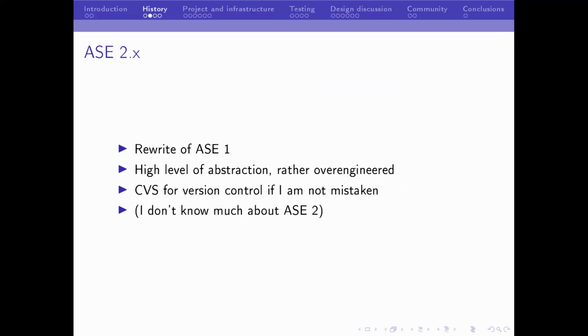Then at some point it was rewritten into something called ASE2, and that then added a very high level of abstractions. So there was a lot of complexity in the end due to having to be specific about wanting the Cartesian coordinates, for example, and everything would try to take into account everything, and it would be a little bit too much, because in the end often you just need the bloody positions.